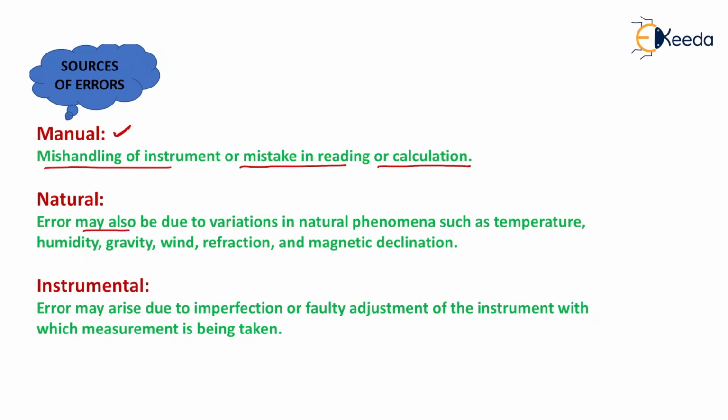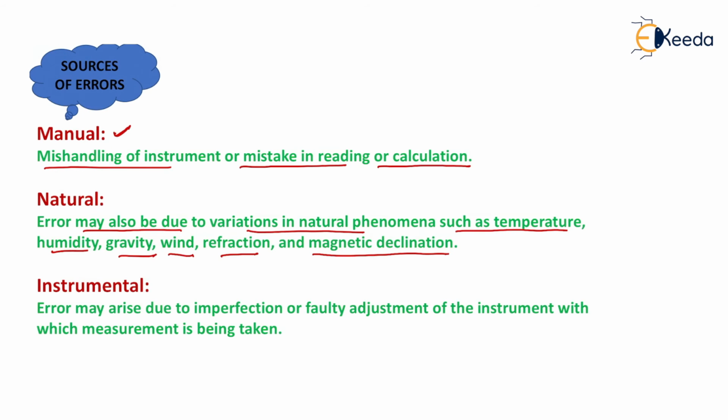Error may also be due to variation in natural phenomena such as temperature change, humidity, gravity, wind, refraction and magnetic declination. Now, if the source of error is natural, then the error will arise due to natural phenomena such as temperature changes, humidity, gravity, wind, refraction, etc.